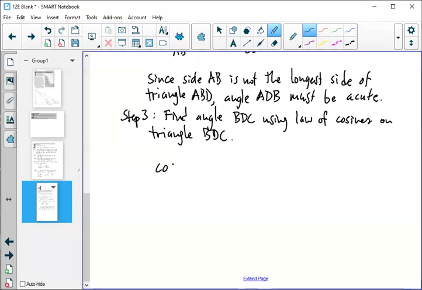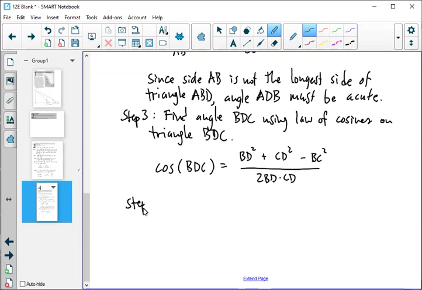And that would look like this. Cosine BDC is equal to BD squared plus CD squared minus BC squared, all over 2BD times CD.